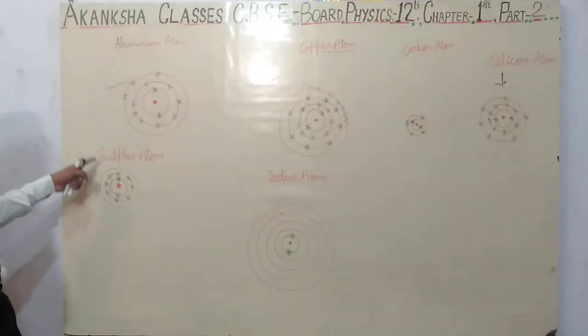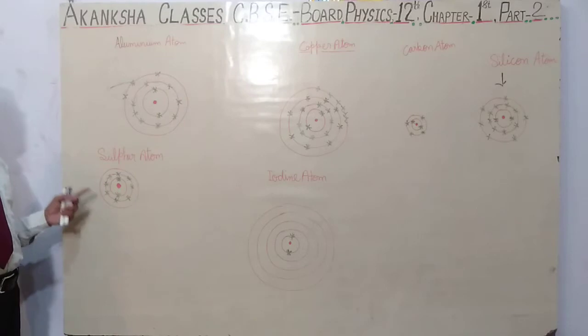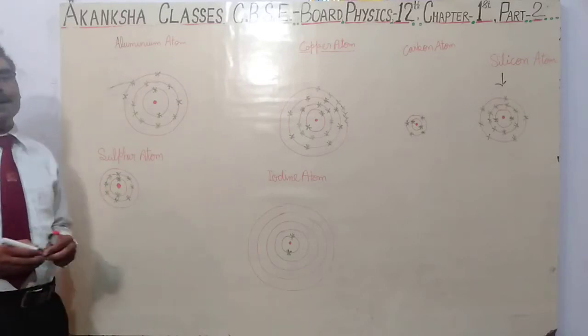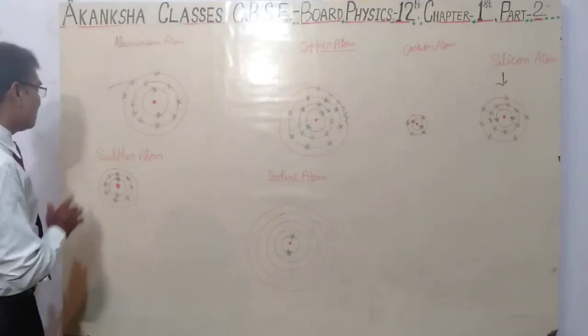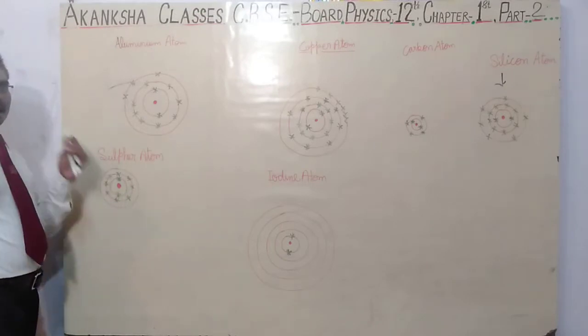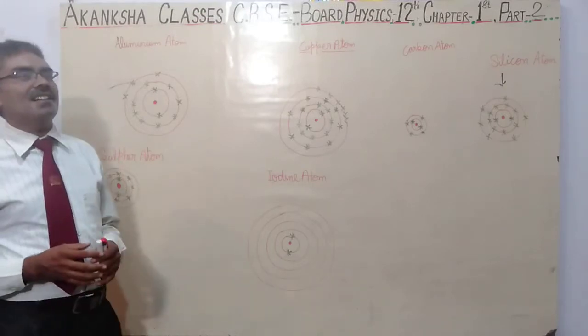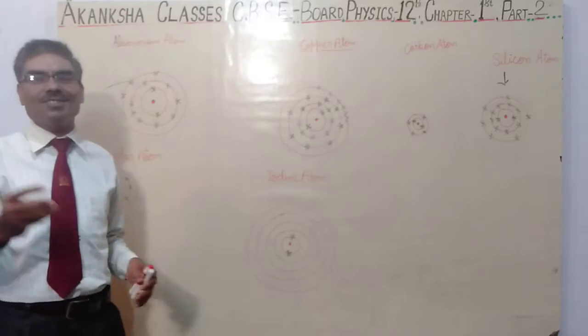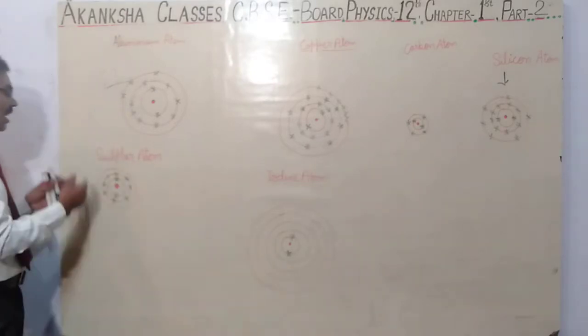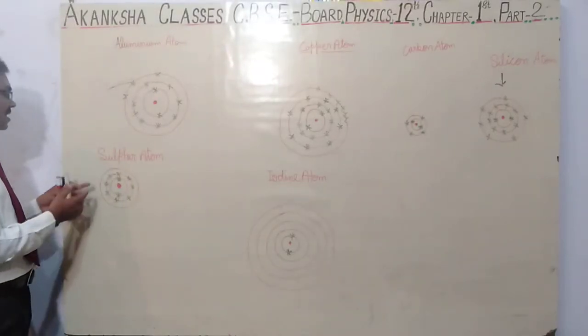Now I have given the sulfur atom, which is the best example of an insulator. In this situation, the same phenomenon acts, because the number of electrons in the outermost shell is neither 1, 2 or 3, but a lot of electrons are revolving, that is 6.